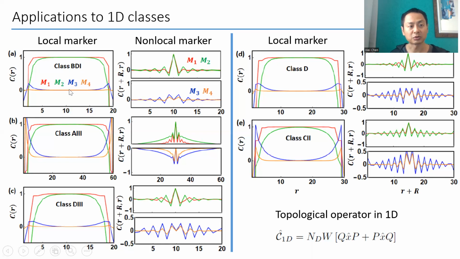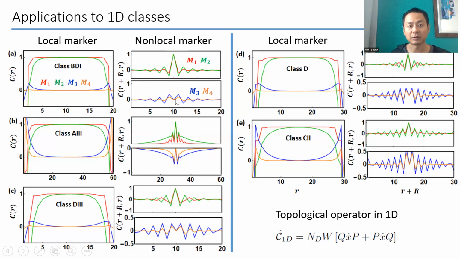And in the topologically trivial phase, as in these blue and orange lines, you see that they keep 0. Whereas in the non-local marker, as I said, this is the off-diagonal element of the topological operator. Although the red and green are both in the topologically non-trivial phase, the green is actually closer to the phase transition, and as you can see, it is more long range. It decays much longer than the red.